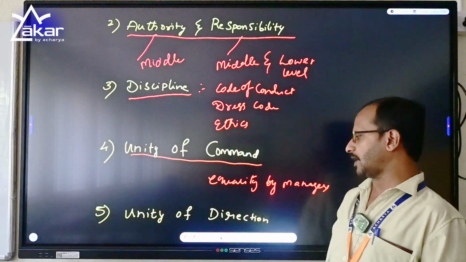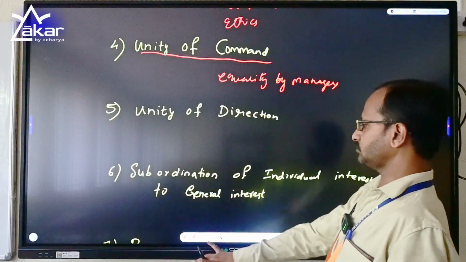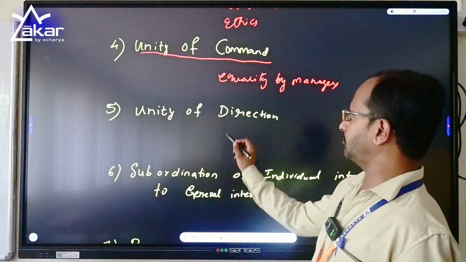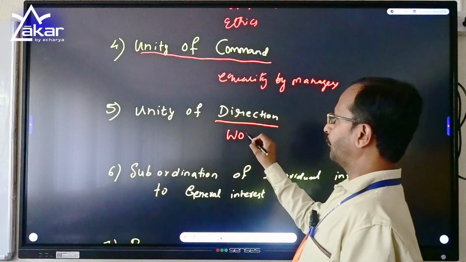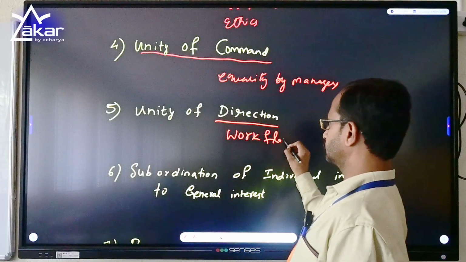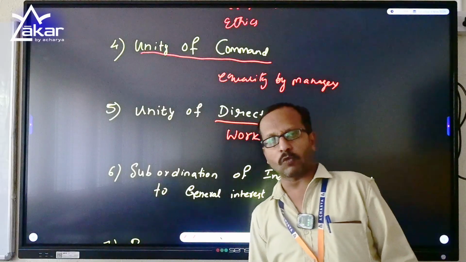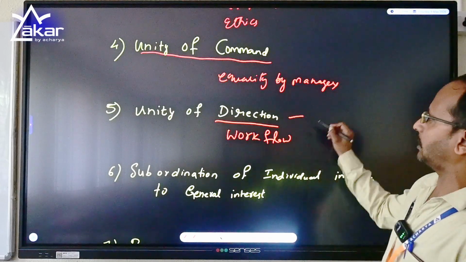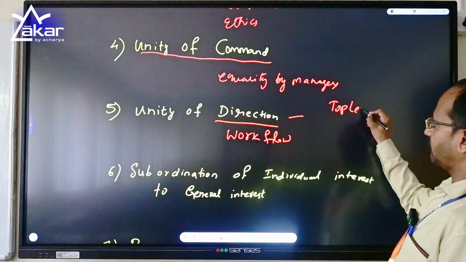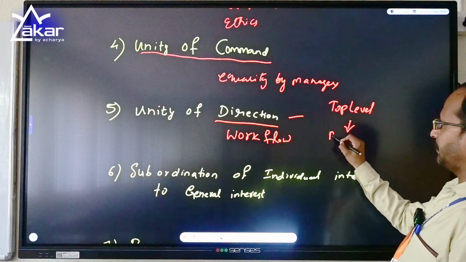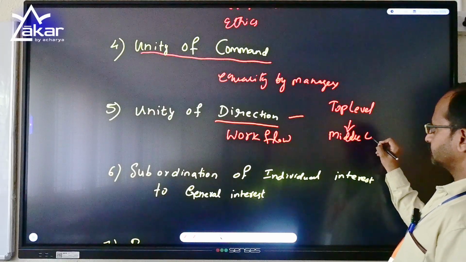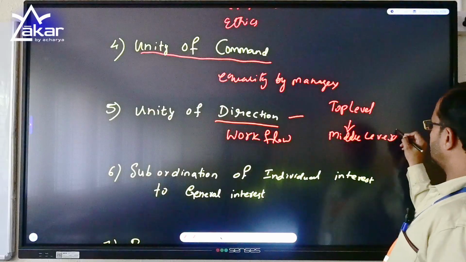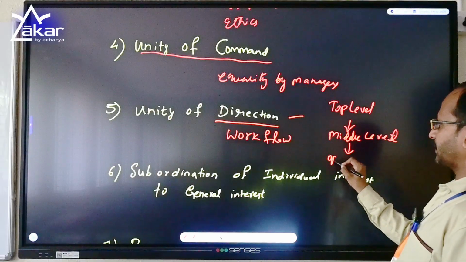Then next, unity of direction. Direction is nothing but the workflow. The workflow should be equal. Usually the directions come from the top level to the middle level, then go to the operational level.